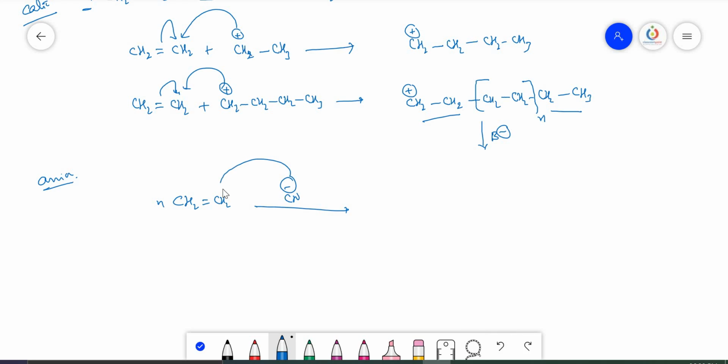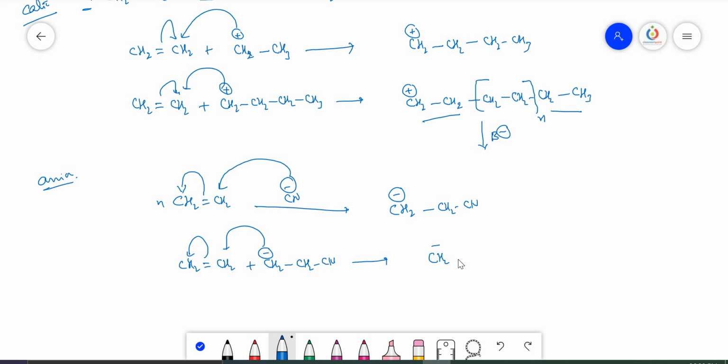So the Cn minus attacks over here and the electrons will go to the other side, because this is the positive electromeric effect and this is the negative electromeric effect. So the molecule is now CH2 minus CH2Cn. And this negative charge will now attack another alkene molecule. Okay, it will attack like this and go there.